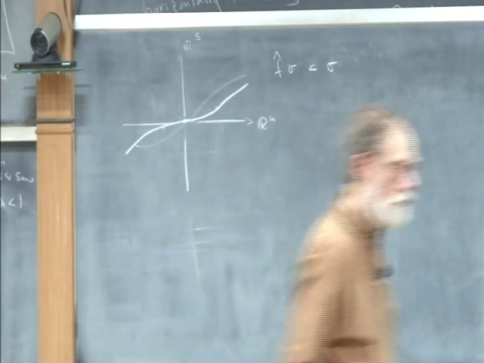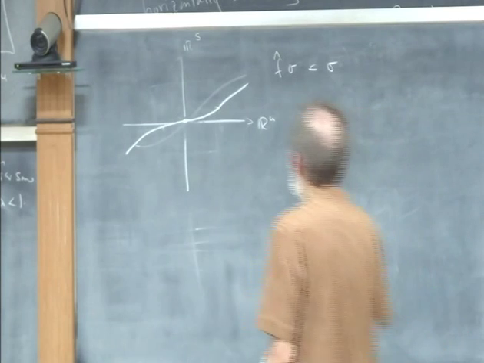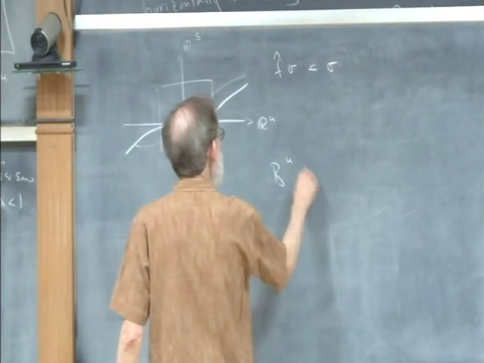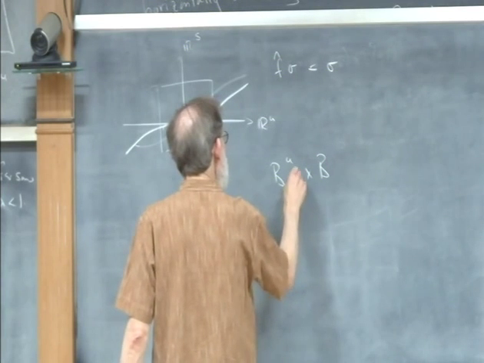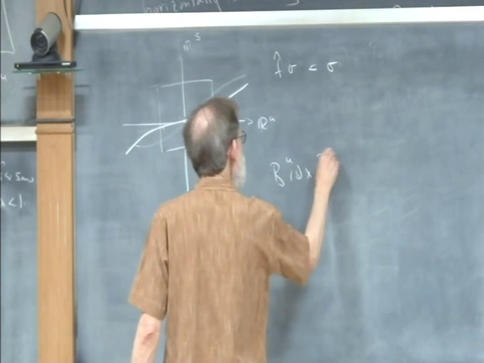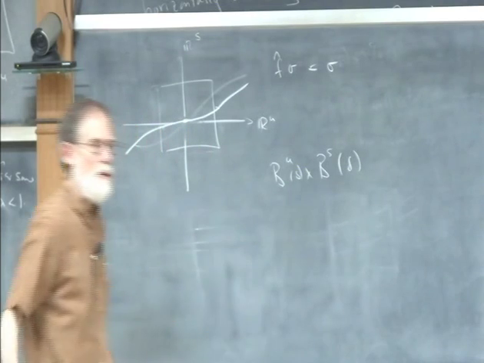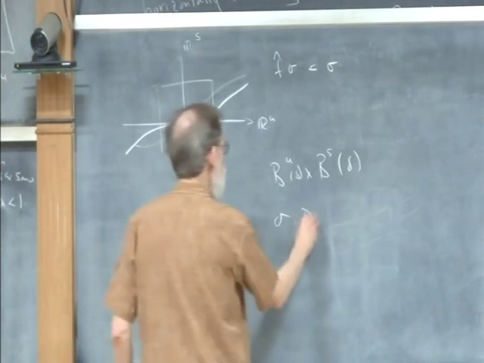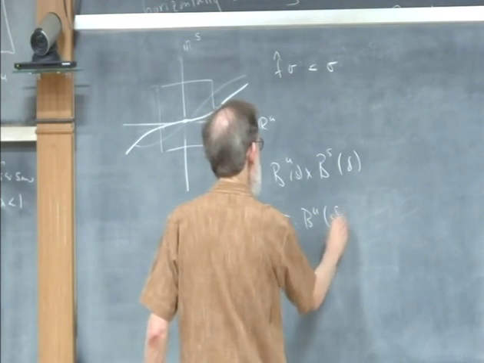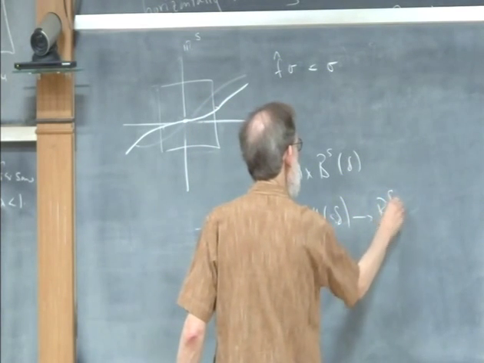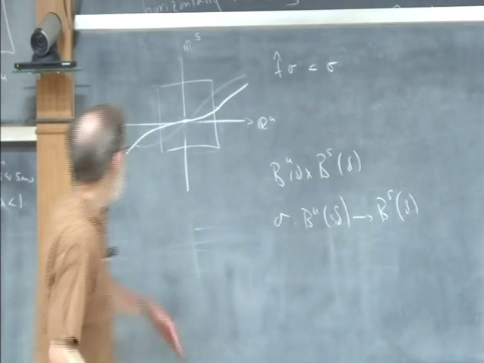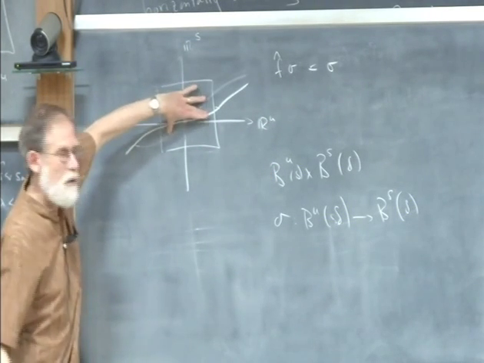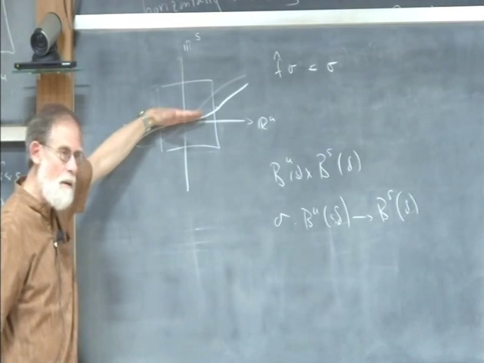Graph of what? So we have some sort of box here. This is my BU cross radius delta cross BS radius delta. And so sigma is just a graph from BU delta to BS delta. So basically this piece of unstable manifold looks like a disk.